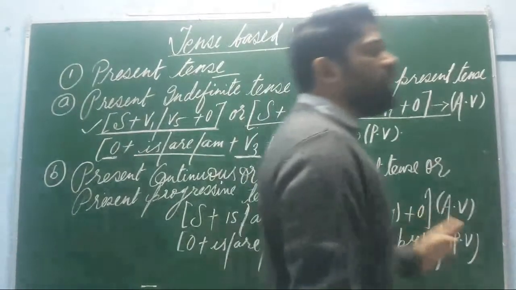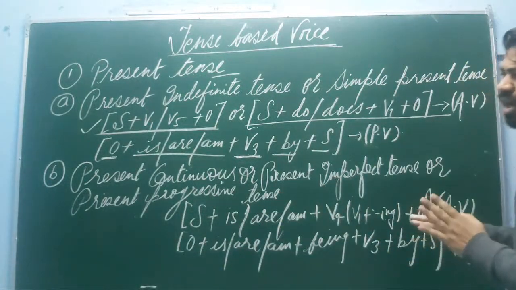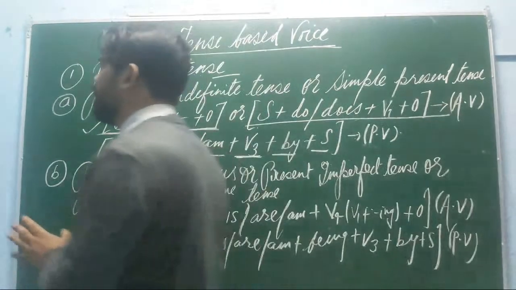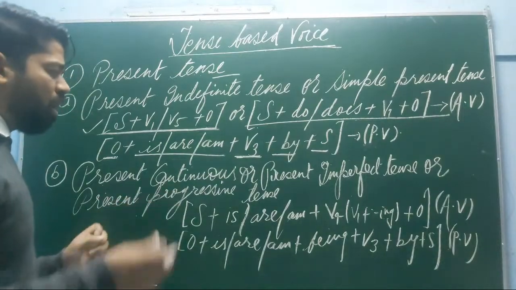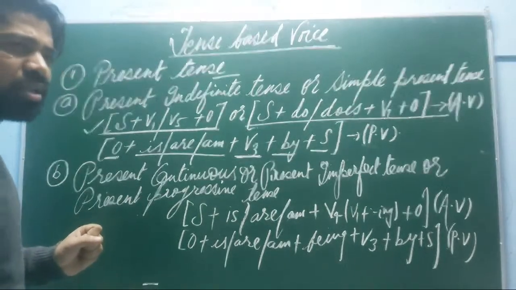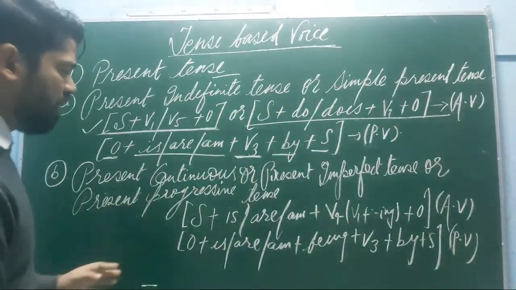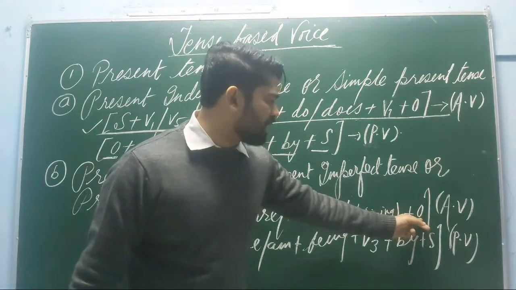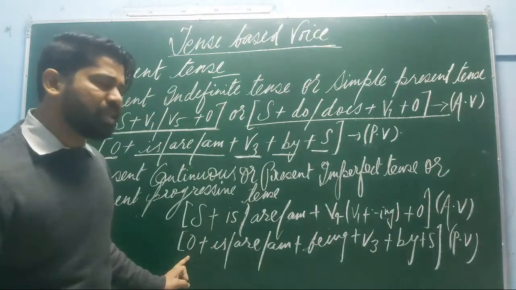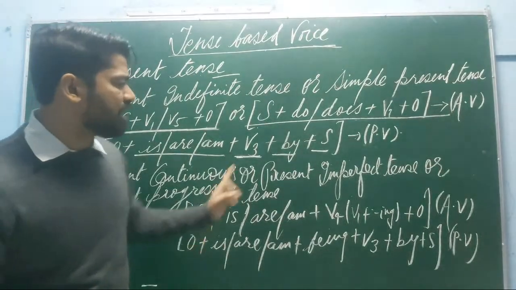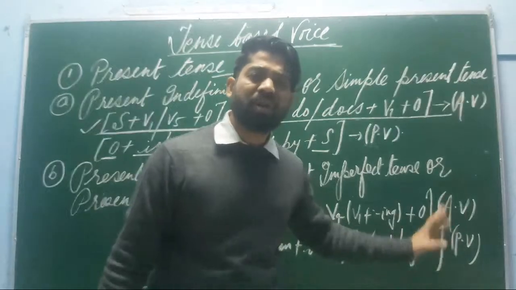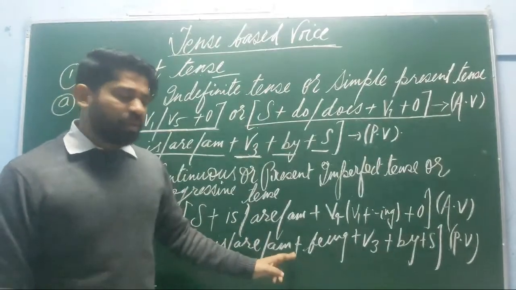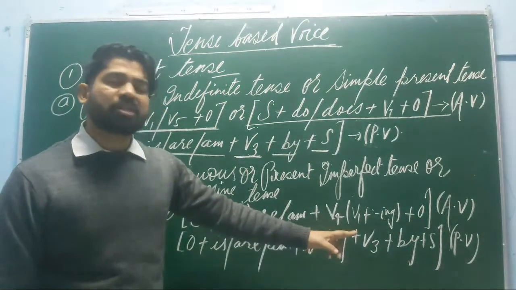I think all these things are quite clear to all of you, how the structures are for passive and how the structures are for active. The object of active will become the subject of passive, and the subject of active will become the object of passive. Object plus is, am, are plus being plus V3 plus by plus subject.